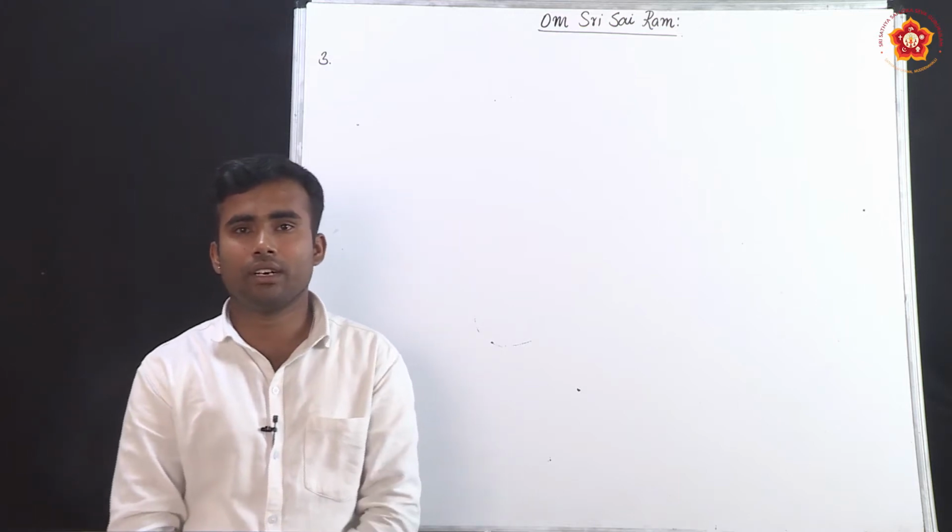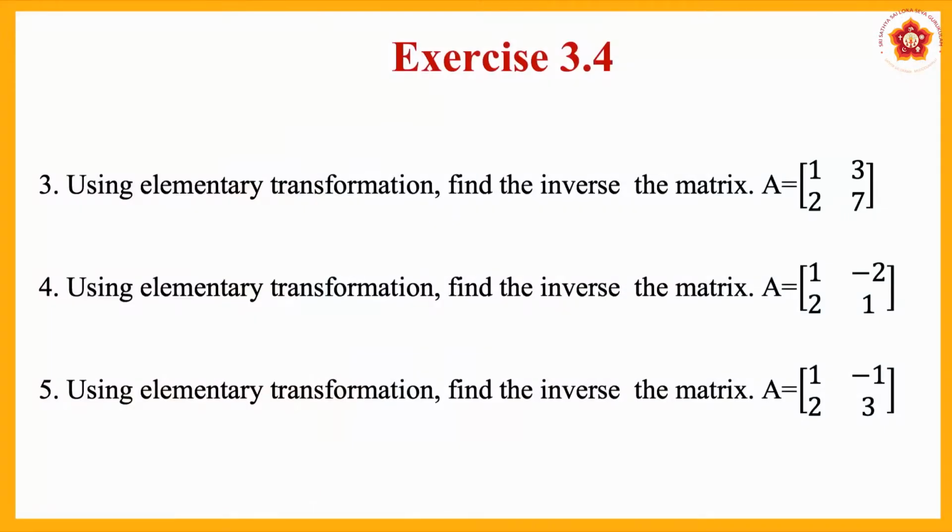And we have a problem: finding inverse of the matrix using elementary transformation. Here they did not mention a particular row or column transformation to find inverse of a matrix, just they have given to use elementary transformation, and they have given a matrix A is equal to [1 3; 2 7].